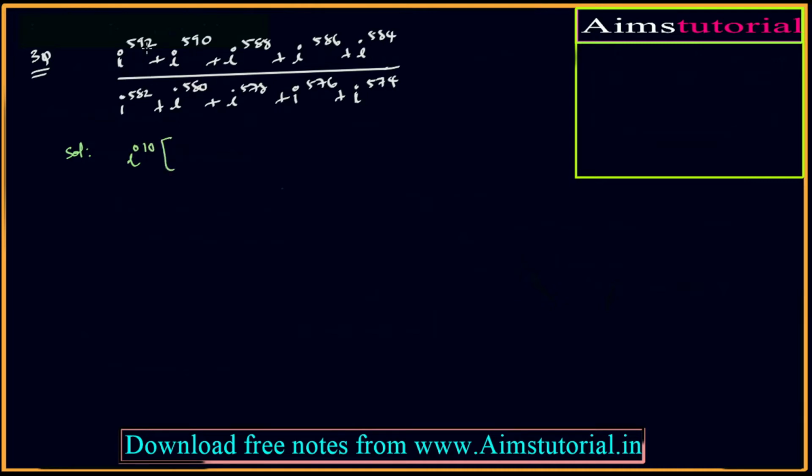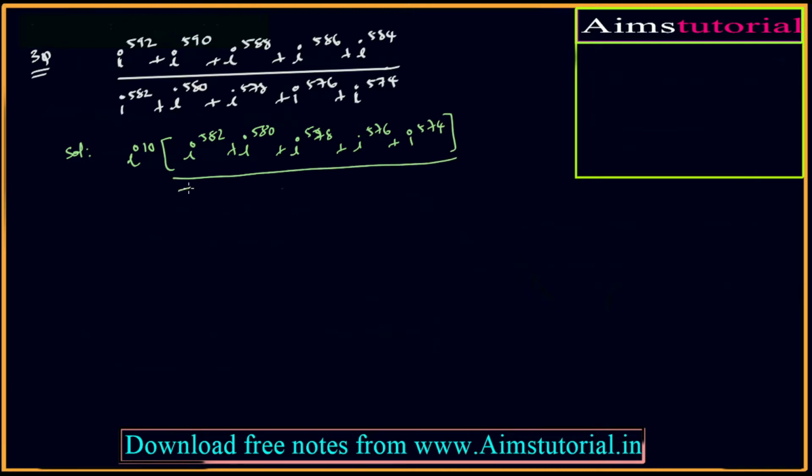After taking I power 10, I power 592 becomes I power 582, I power 590 becomes I power 580, I power 588 becomes I power 578, and so on up to I power 574, whole divided by the denominator, which is I power 582 plus I power 580 plus I power 578 plus I power 576, and the last one I power 574.